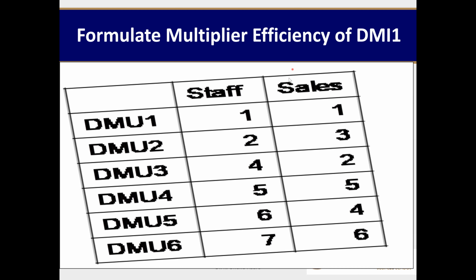So if you are defining the efficiency, I'm going to write it here. Keep this in mind. You say the efficiency score of DMU1.